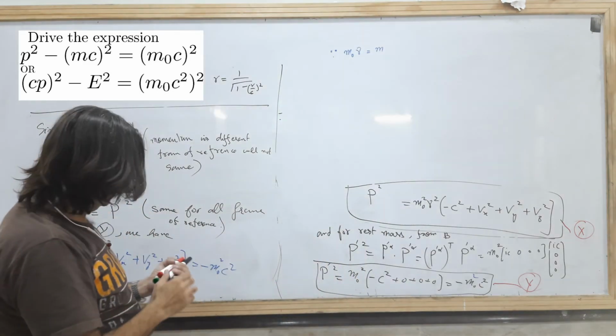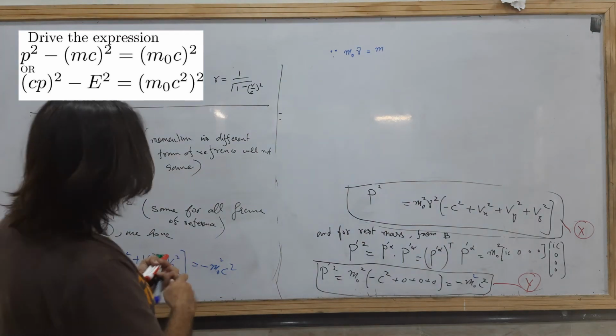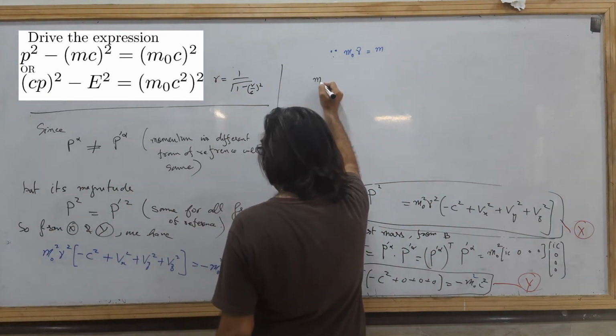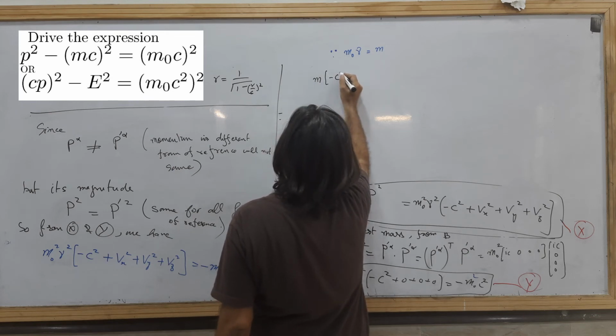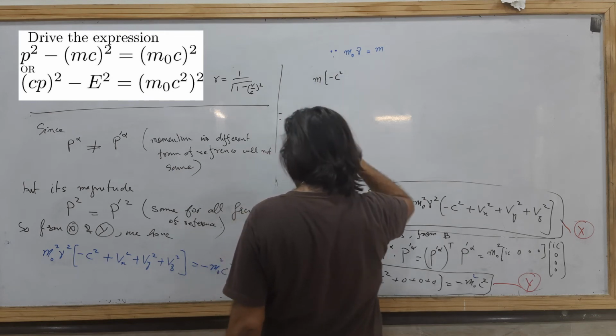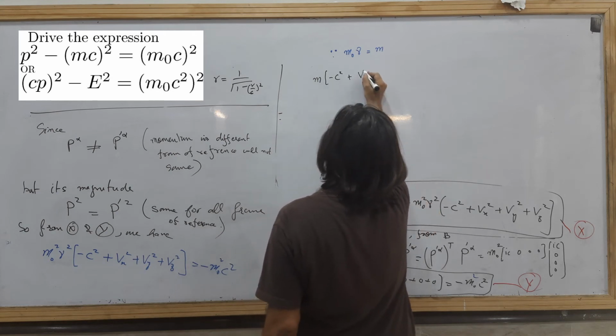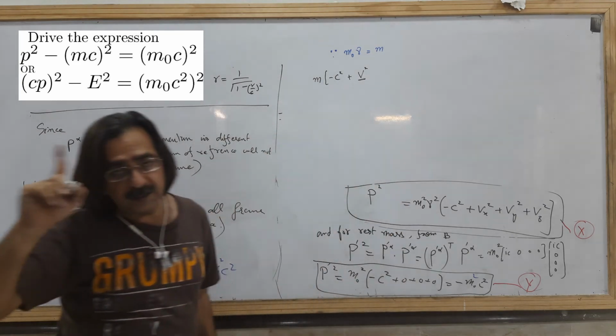Okay, so you will get m minus c square plus v square, which I have already explained.